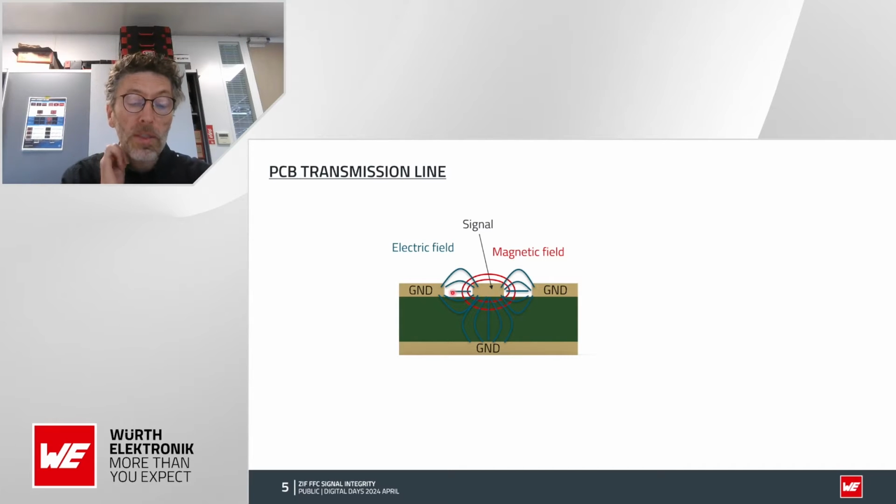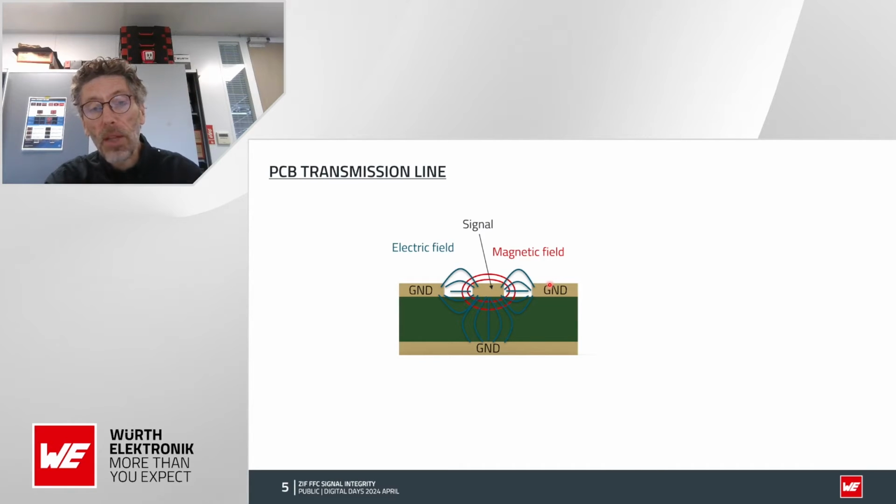And so what is really important is not the copper trace, but what is outside of the copper trace. For example, the material that you use for your PCB, FR4 or not, and the distance that you will find between the trace and the ground layer.